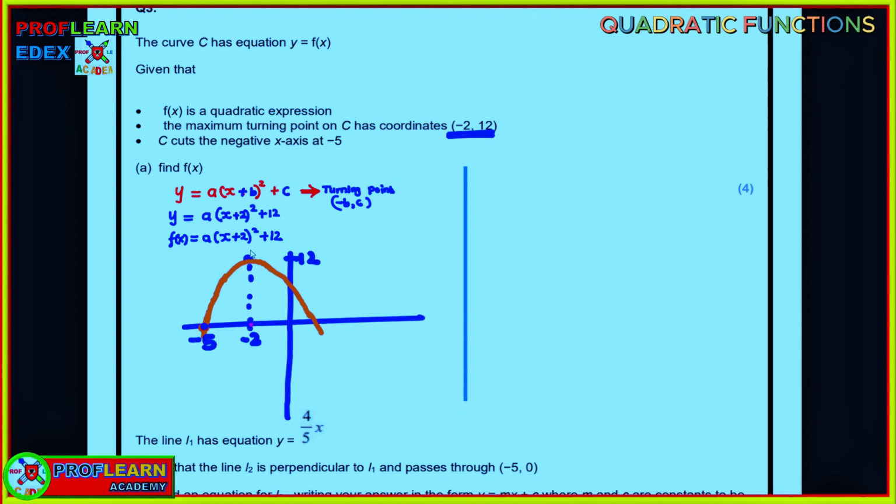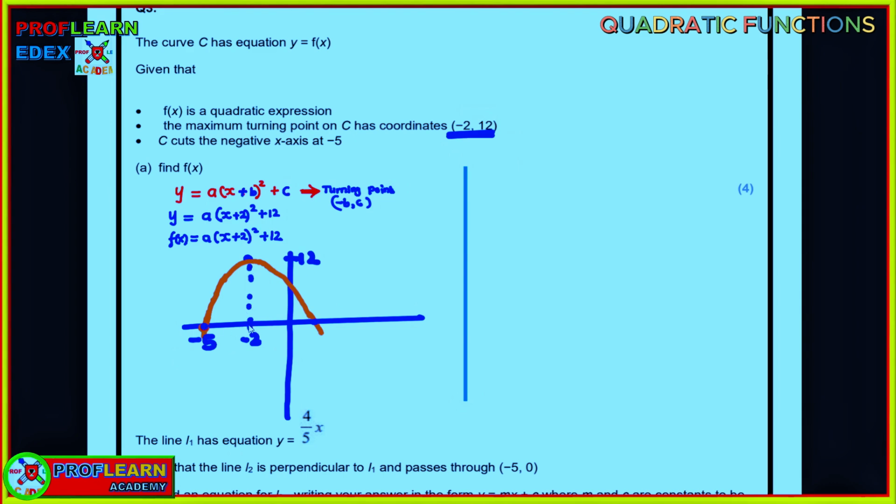Yeah, because we know quadratic graphs are symmetrical. If this is the maximum point, then a line that passes through the maximum point is going to divide the graph into 2 halves. From the line of symmetry, -2, to where the graph cuts the x-axis at -5 is 3 units.